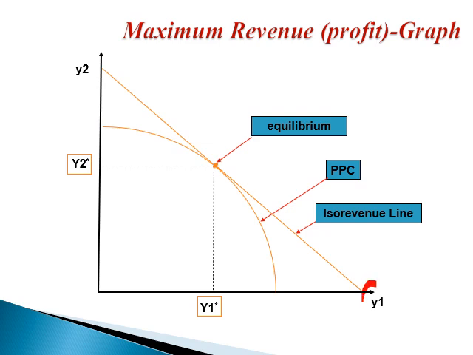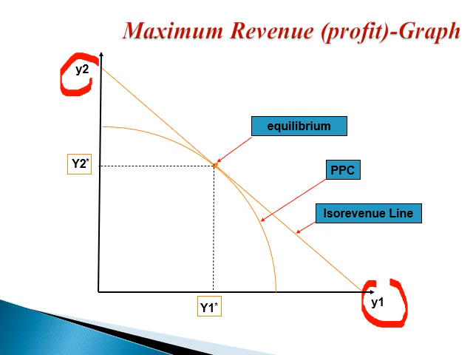This is the amount of Y1 measured horizontally, the amount of Y2 measured vertically. This is the production possibility curve, and this is the ISO revenue line at the point of tangency. It is called the equilibrium point, the best point, the most efficient point.